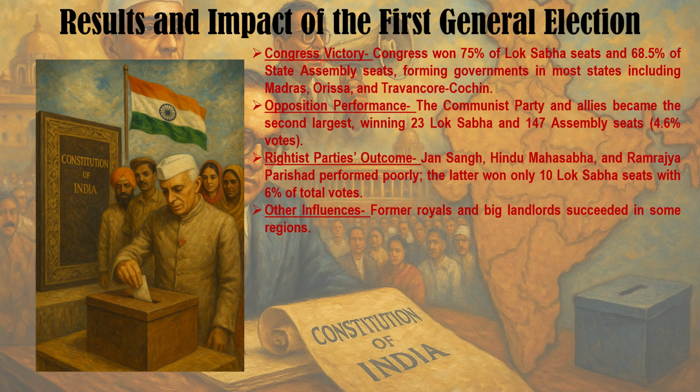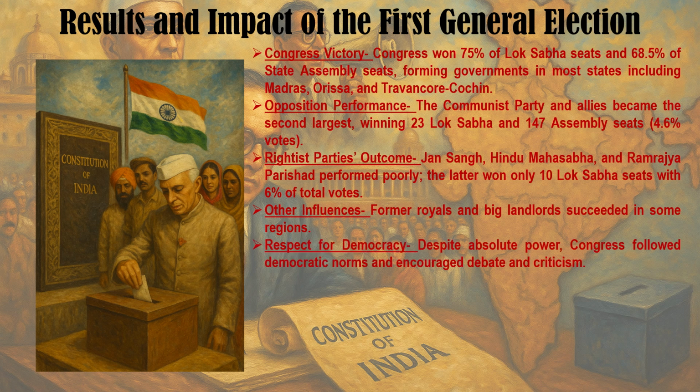Former royals and big landlords succeeded in some regions. So former royals, people from the princely states who joined India, were still mainly respected as royal families, and so those royal descendants also stood in the election. They could get votes, and some big landlords secured some votes in some regions, and they also won a few seats in the parliament.